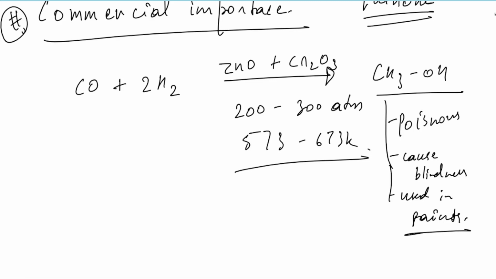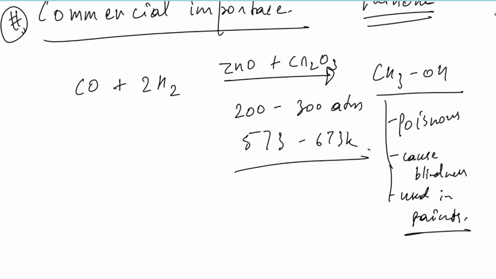What happens with methanol is it gets oxidized to methanal or methanoic acid in our brain, which harms our central nervous system and other organs.